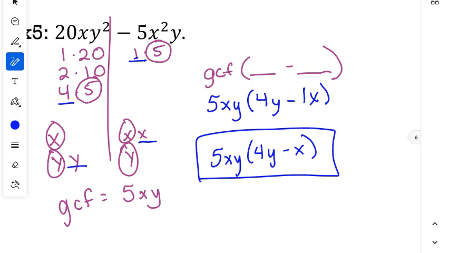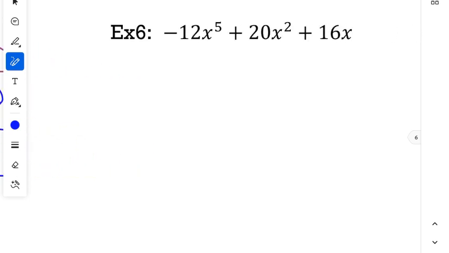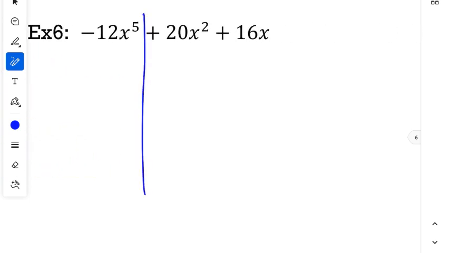Okay, go ahead and start the next one. Example 6. But don't write the final solution yet, because there's something special, because there's a negative out front.